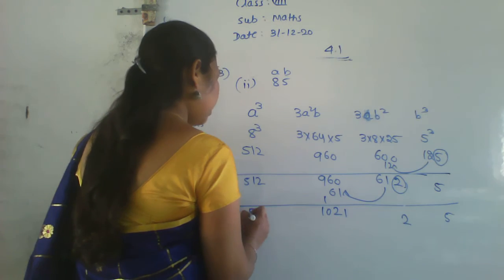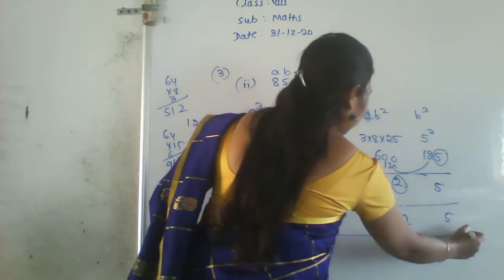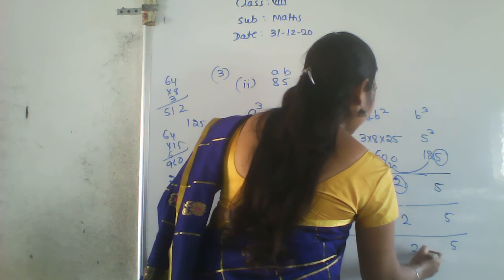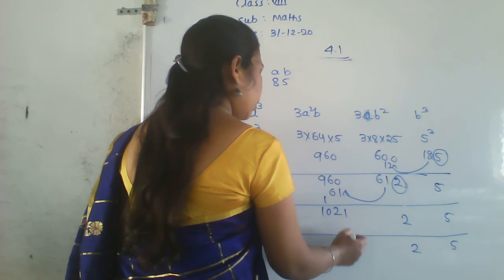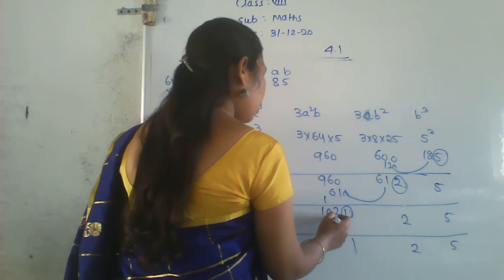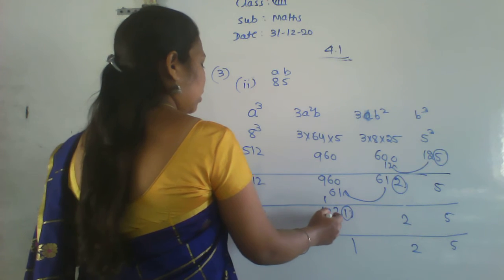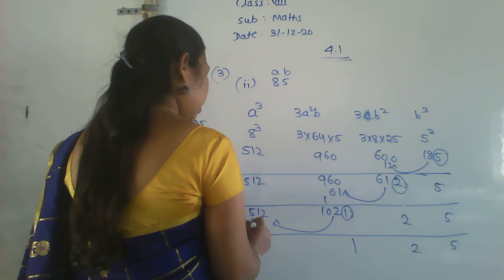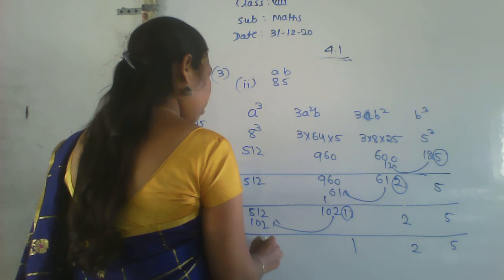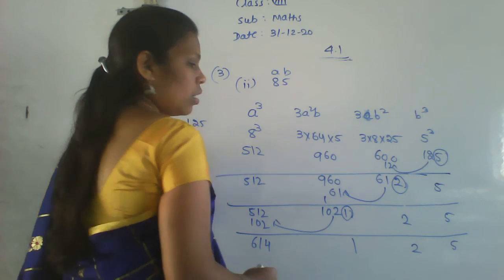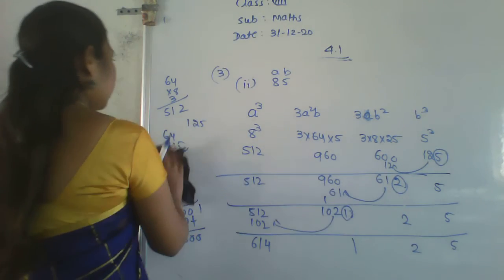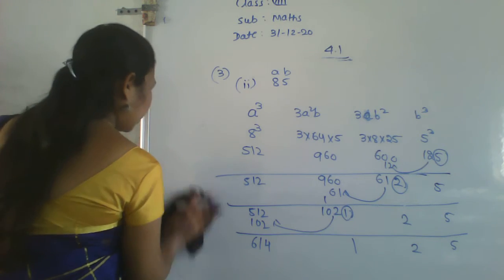Yes, I did it wrong in the last problem, make the correction. So here only write a 1 value. Take this 1 or 2 here and add 4, 1, 6.